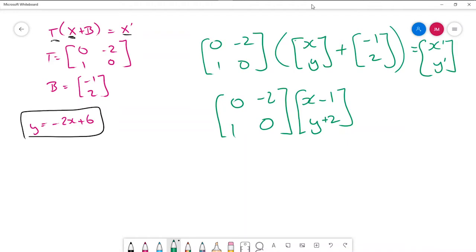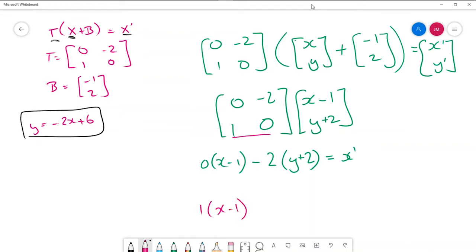So again, let's multiply these through, first row by first column. So we'd have 0 times x minus 1, and then minus 2 times y plus 2, and all of that is going to equal the image for x. And then the second one, second row by first column, I'd have 1 times x minus 1 plus 0 times y plus 2 is equal to the image of y.